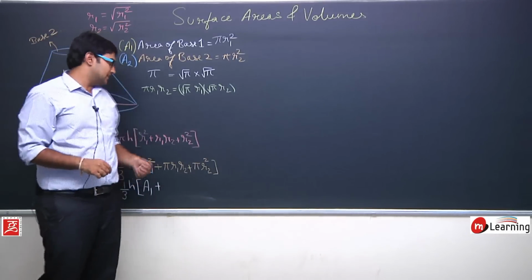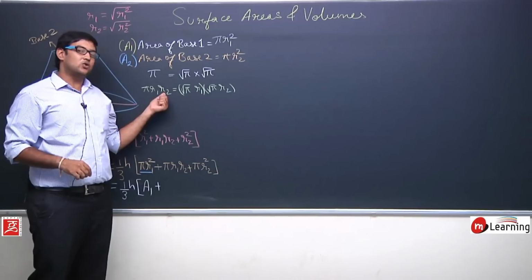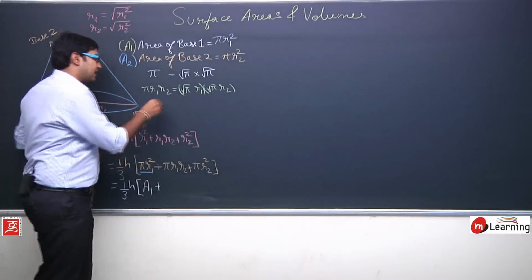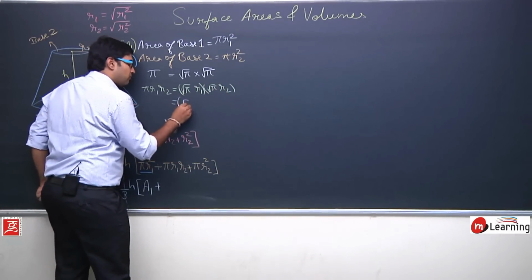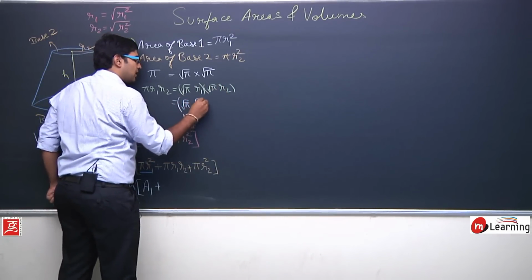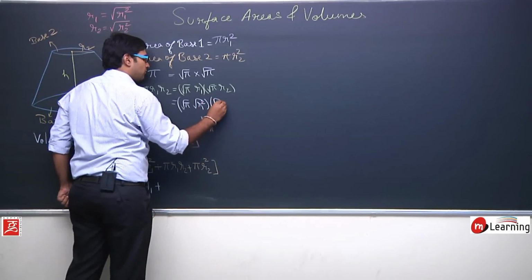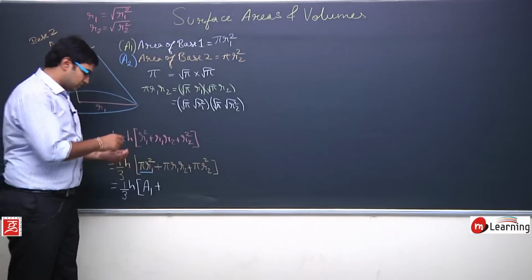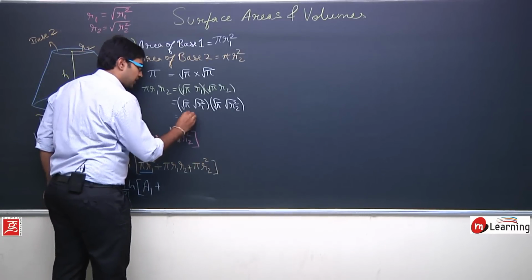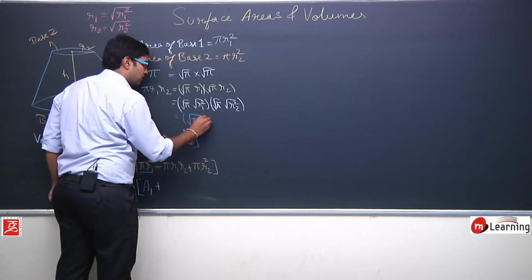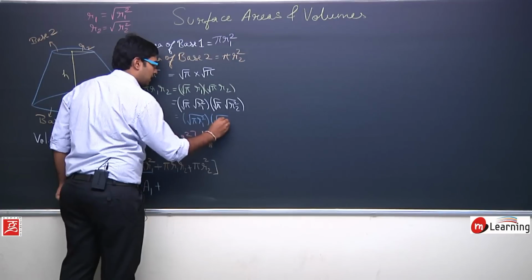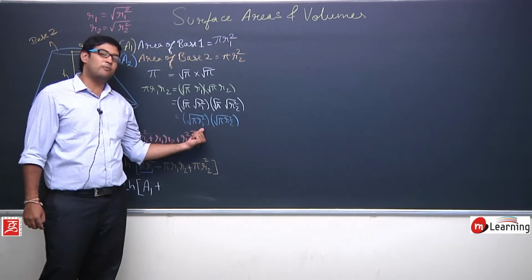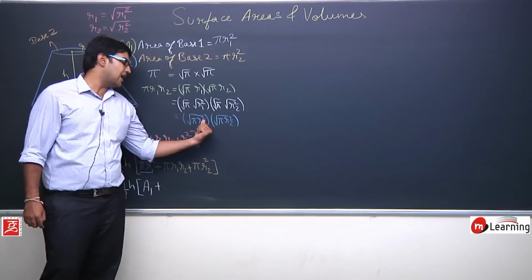So in place of pi r1 r2, I can write this value as square root of pi into square root of r1 square, times square root of pi into square root of r2 square. So this will give you square root of pi r1 square into square root of pi r2 square. Now what is square root of pi r1 square?